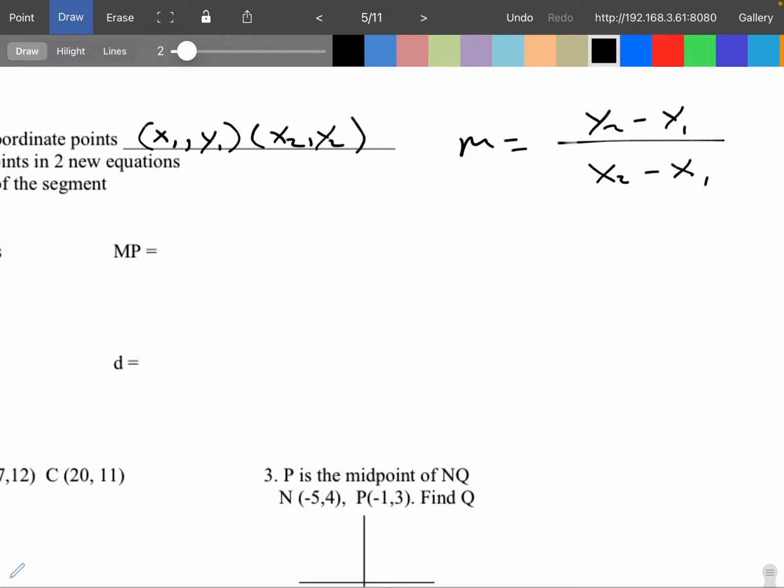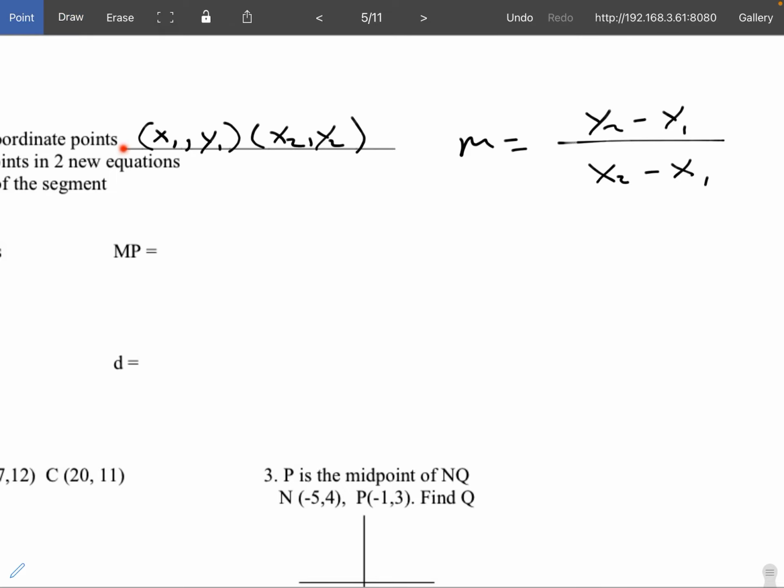And of course, the formula we used yesterday, I'll just put it over here on the side. Yesterday's formula was for the slope, which was m, and we subtract the y's on the top, and we subtracted the x's on the bottom.